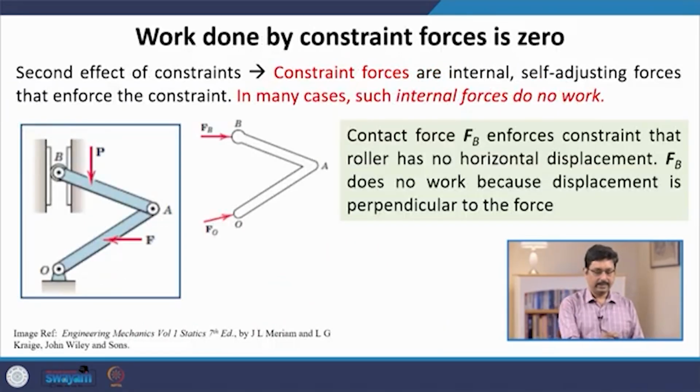Now, the second effect of constraints, that is what leads to our principle of virtual work, is that the constraint forces are unknown, and in these situations we want to get rid of them, we are not interested in calculating the unknown forces.